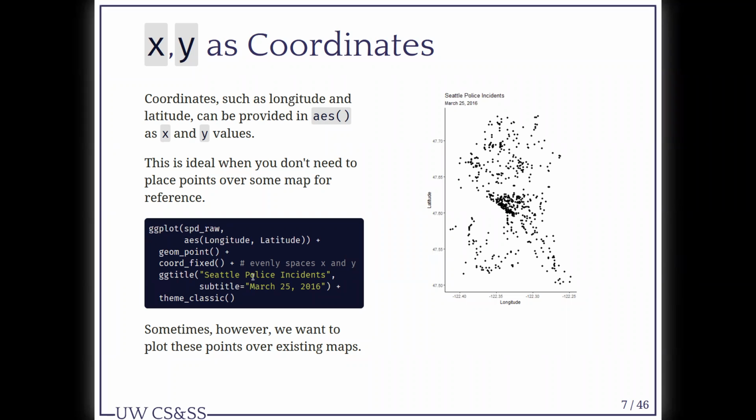Also, note, I've added this coord_fix layer here that'll evenly space our X and Y's. It doesn't know that longitude and latitude are evenly spaced, but it will space them for you on a grid.